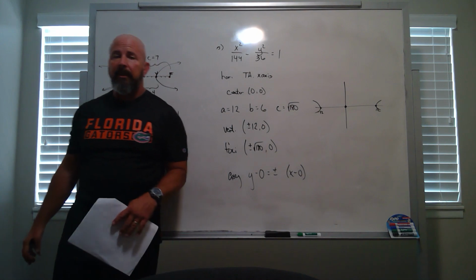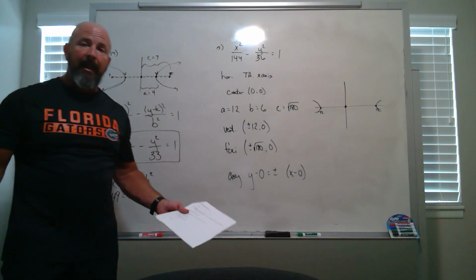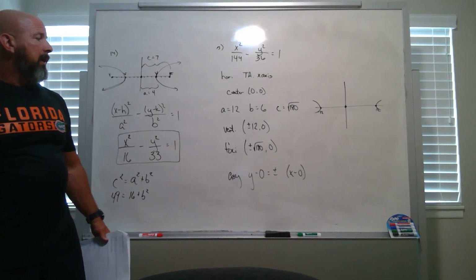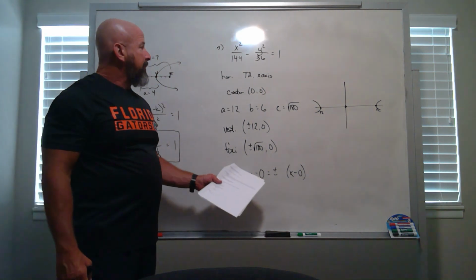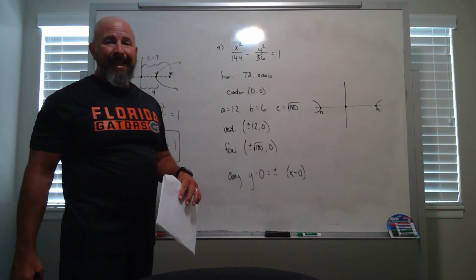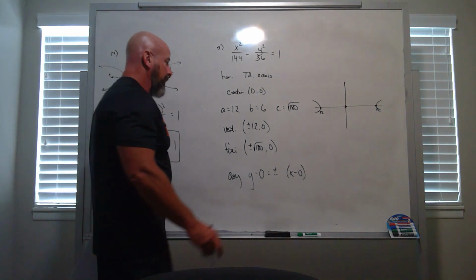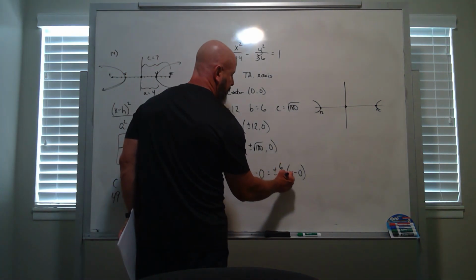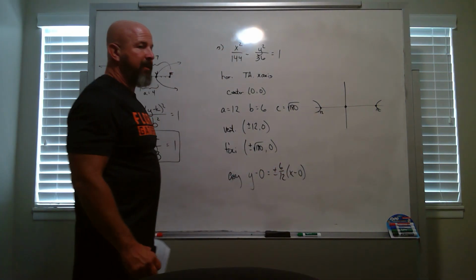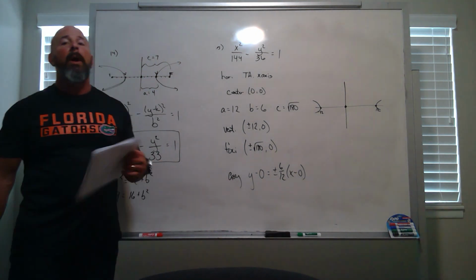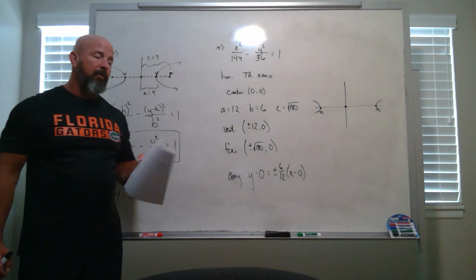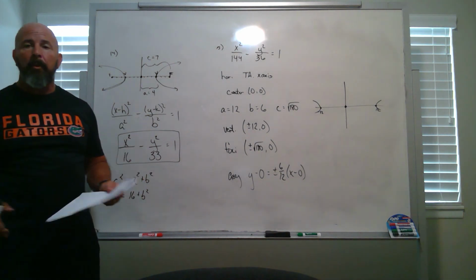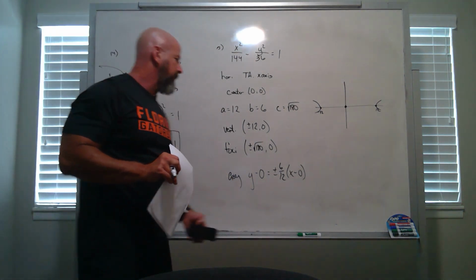They're not going to change anything in this case, but I'm just throwing them in there. That's my h and k value. And now, since the transverse axis is the x-axis, the slope is b over a, which is 6/12. 1/2 is acceptable because 6/12 would reduce. Could even put 0.5 there for that value.